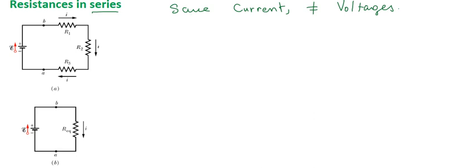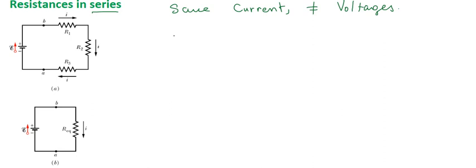If they have different voltages, how are these voltages connected? We have V1, the difference in potential across R1, V2 across R2, and V3 across R3, and let's say V, or E here, is the total voltage.